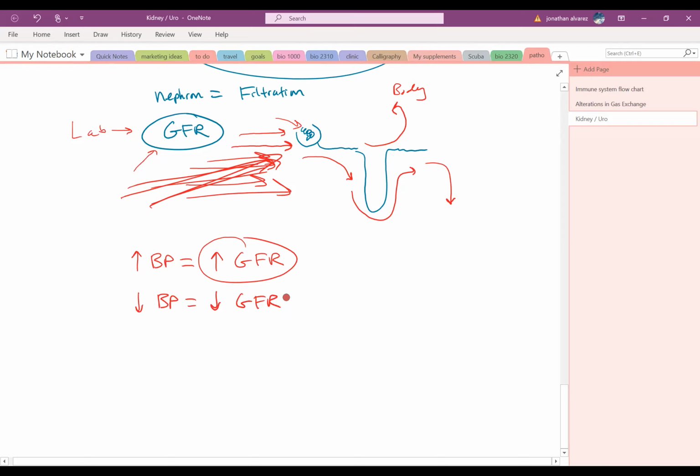The pump isn't working as hard, so the rate of fluid moving isn't as fast, so the filtration rate will go down. Within normal limits, for homeostasis reasons, that's fine. Our blood pressure and heart rate are constantly changing, depending on if you're exercising or resting and whatever. There's all sorts of stuff.